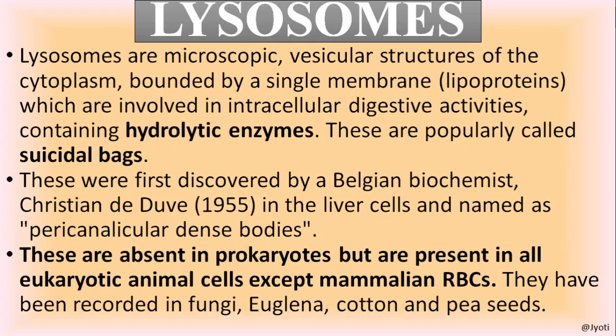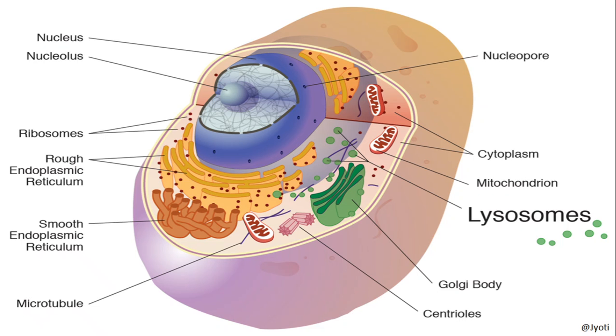It is very important to note that these are absent in prokaryotes but are present in all eukaryotic animal cells except mammalian RBC. They are also present in fungi, Euglena, cotton and pea seeds, and all plant cells. In plant cells, the lysosomes are called spherosomes. We'll be discussing that in our next session.